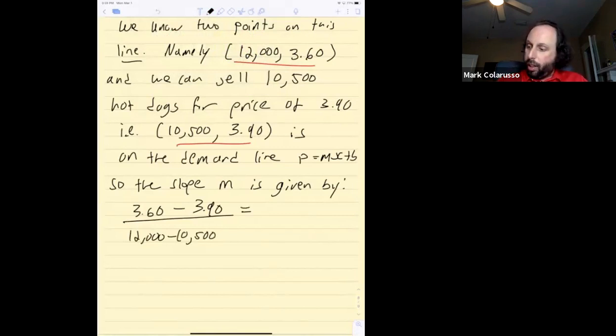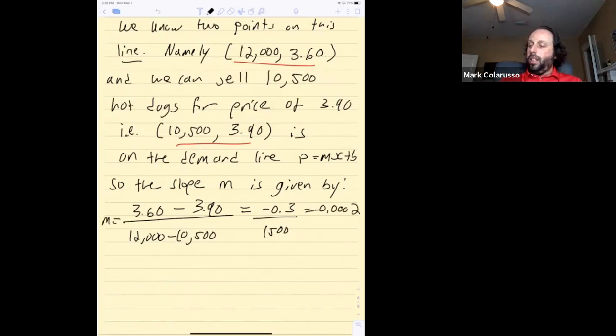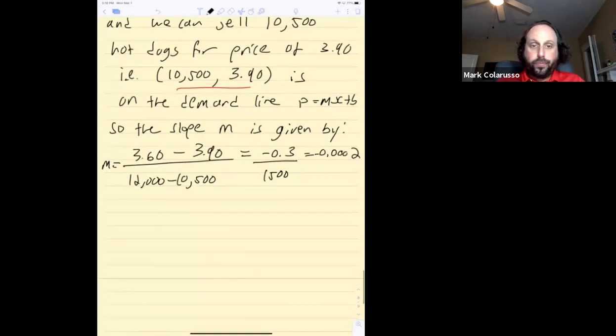If you work that all out, that's minus 0.3 over 1,500, and that equals minus 0.0002. So the slope m is minus 0.0002, and so the price is mx plus b, which is minus 0.0002 times x plus b.